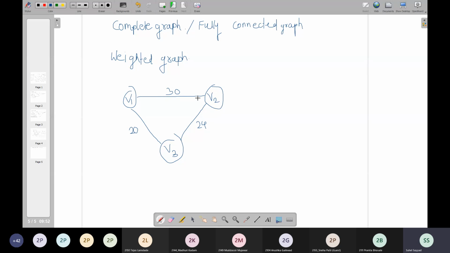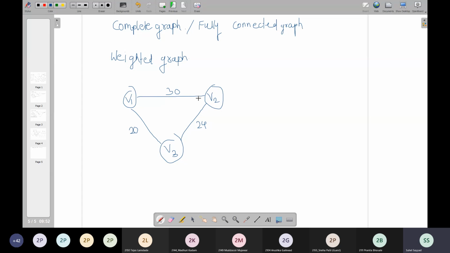So what is Google Map? It is basically an application of graphs in which all those cities and positions are represented in the form of vertices, the edges are the roads, and these numeric values are the distances.